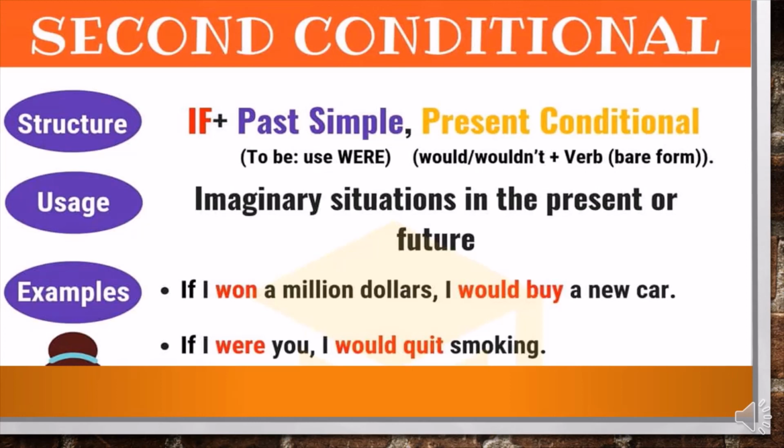For the second part, you have to use the present conditional, which is would or wouldn't, in case you need to add not, plus the infinitive verb. The meaning of type 2 is imaginary situations in the present or the future.